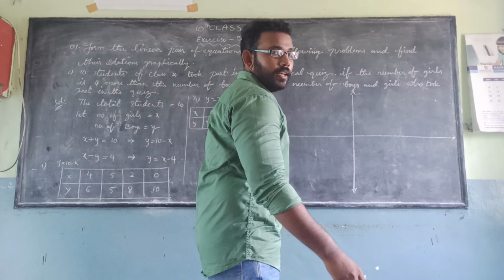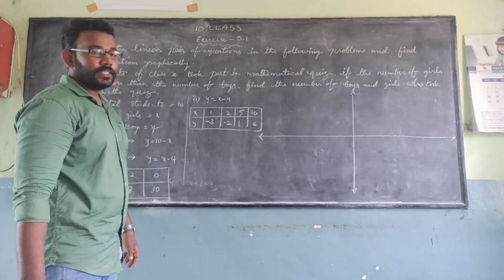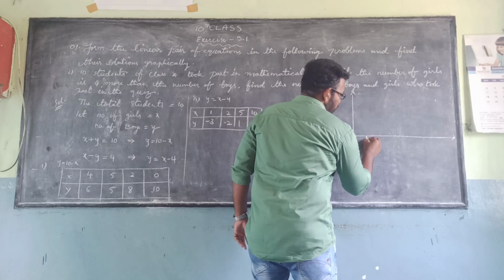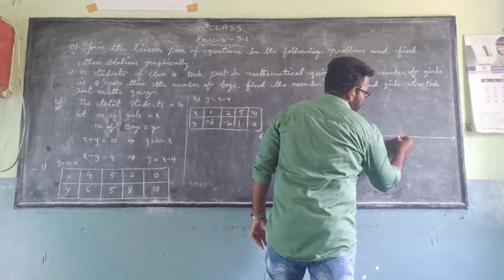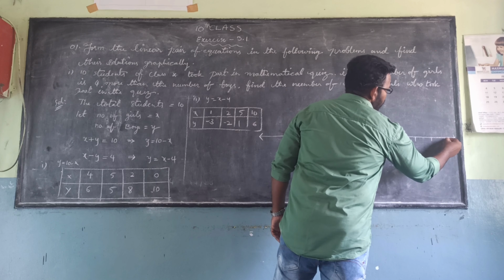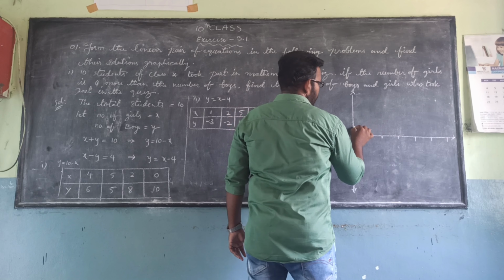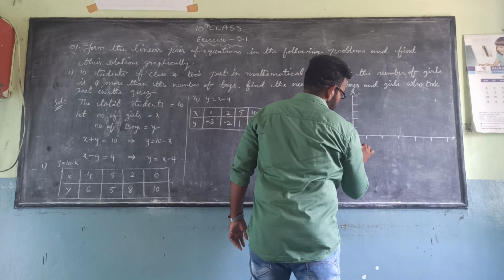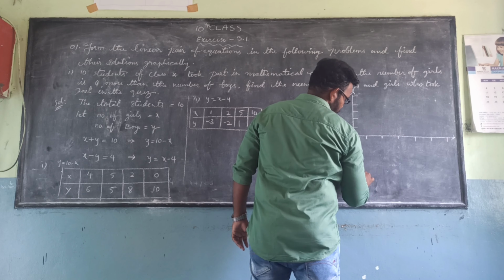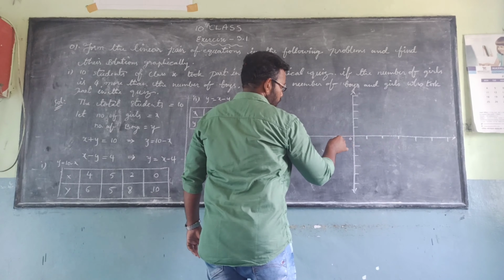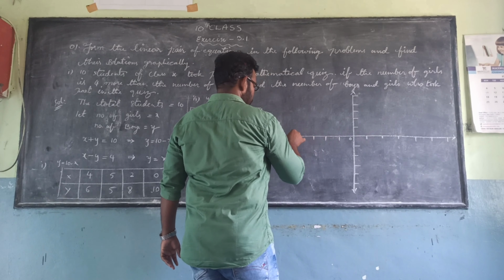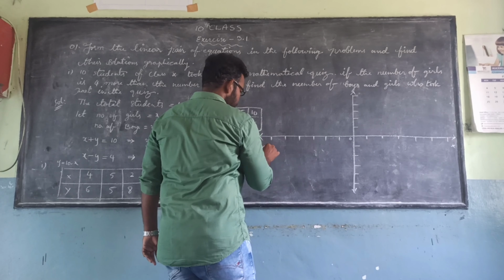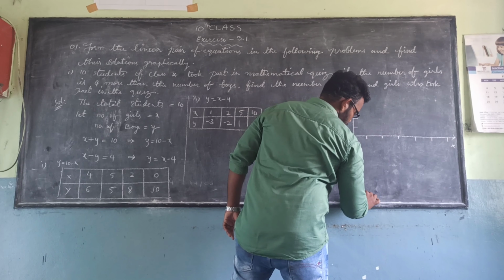I am taking X as 2 units and Y as 2 units as the scale. So this is the origin 0. This is X, this is X dash, this is Y, this is Y dash.